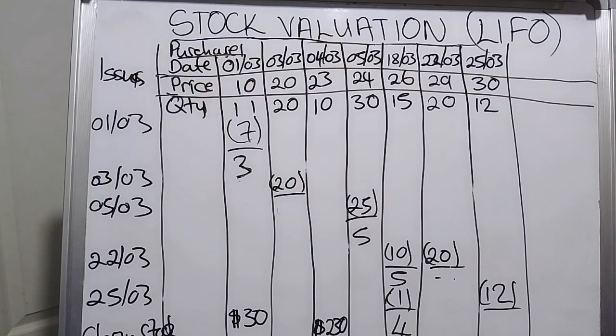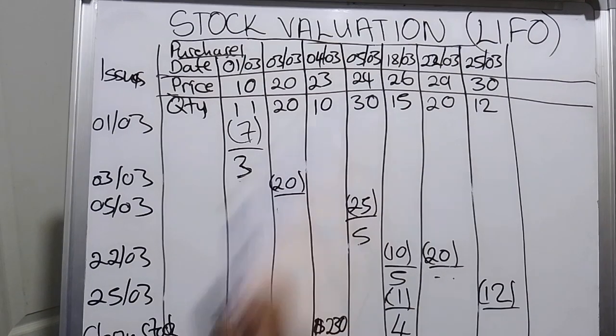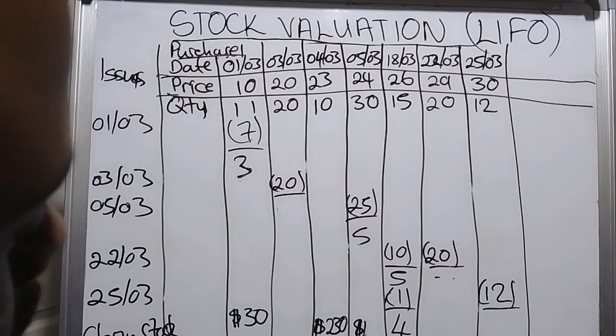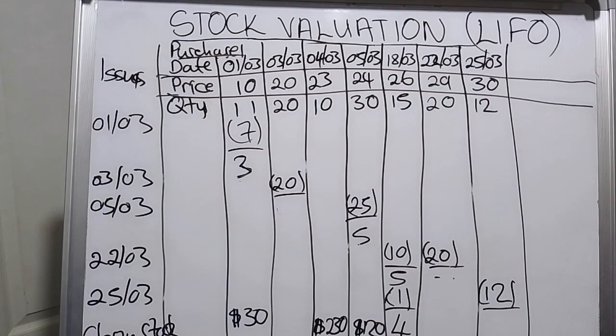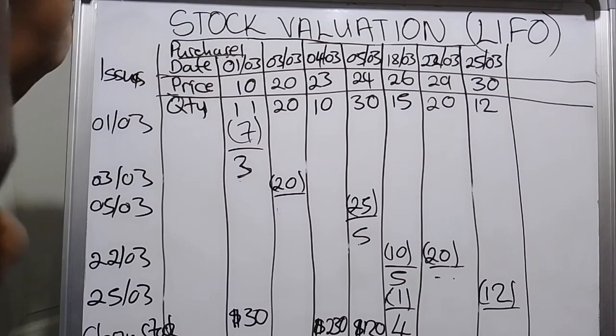Then the third item, we have 5 units, which were costing $24 each. 5 times 24. Then we have $120. Then on the fourth item, we have 4 units costing $16, and that gives us 64.